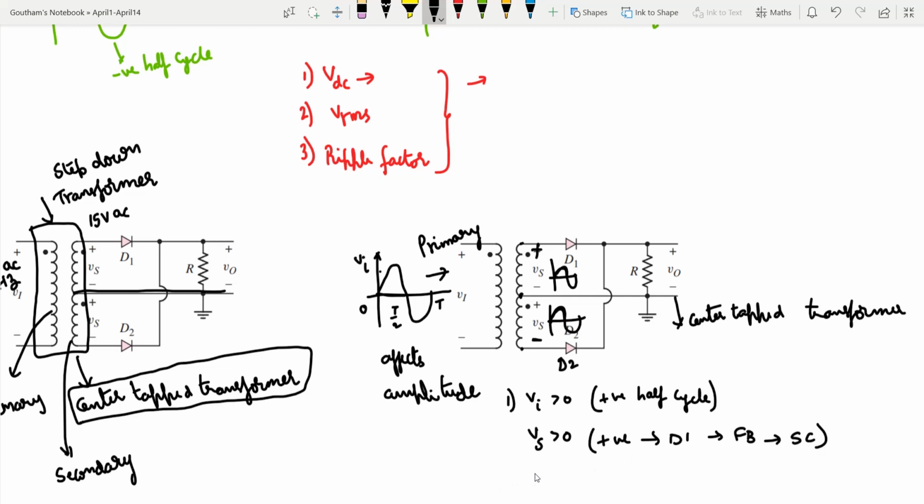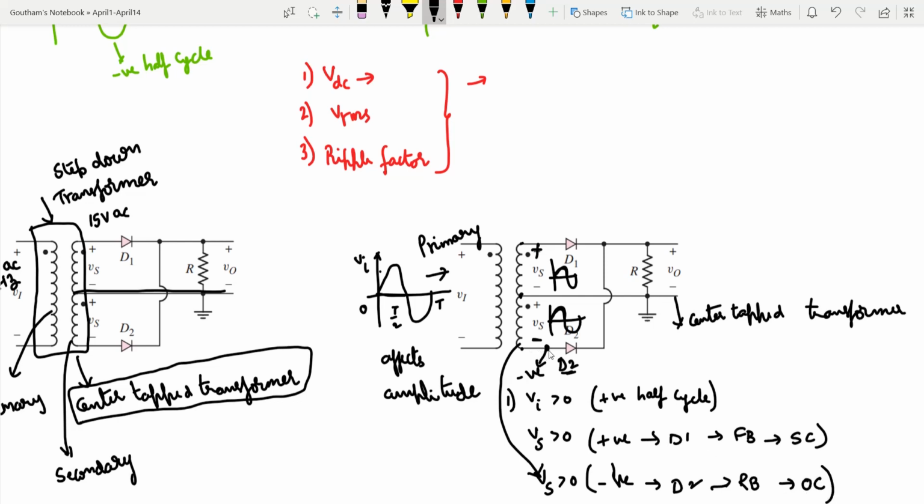Similarly, at the bottom, the negative terminal of vs is connected to d2. Even though vs is greater than 0, the p side of d2 is at a negative value. That is why d2 becomes reverse biased, and in reverse bias we replace it with an open circuit.